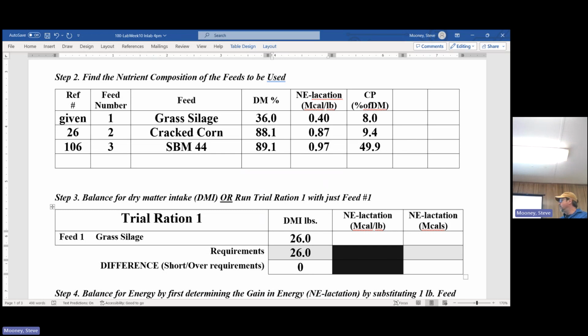I'll bring that down. 0.40. Just bring that down there. Different than last week, we don't have to divide by 100. We just multiply this by this to get this. So this is megacalories per pound. You got 0.4 in every one of those. Multiply it out. What does that give you?